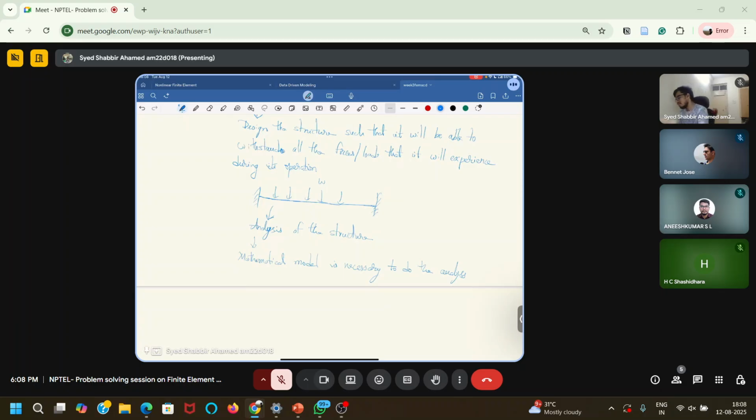Any structure, you have to somehow bring down and construct a mathematical model of it. You have to take some kind of conditions, like conservation of energy, conservation of mass, conservation of momentum. You take all these laws and you get a mathematical model.